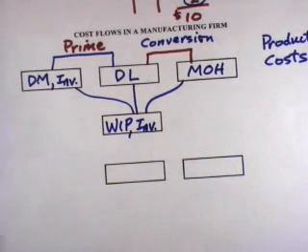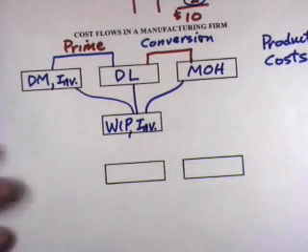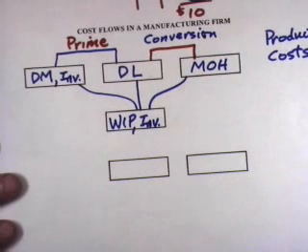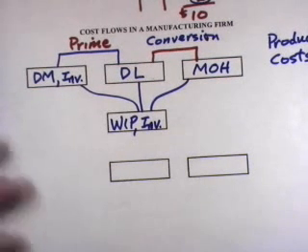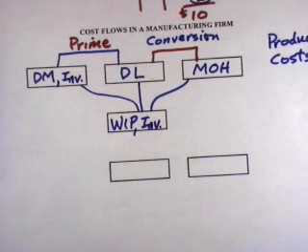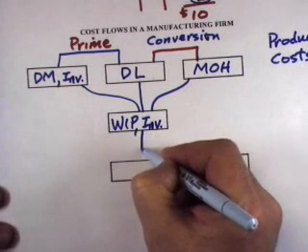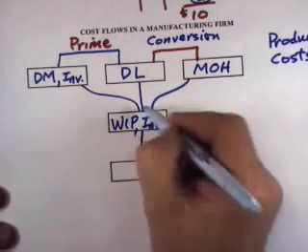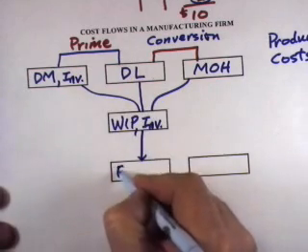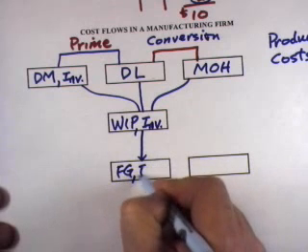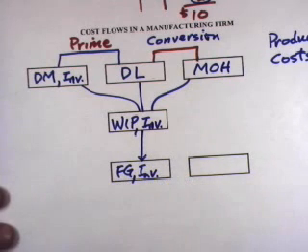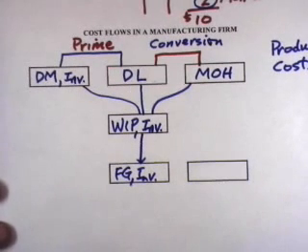And there, all the costs will be kept while we're in the process of making the chairs until they are finished. Once the chairs are finished, however, the cost associated with those finished chairs moves on to the next account, which is called the Finished Goods Inventory account.